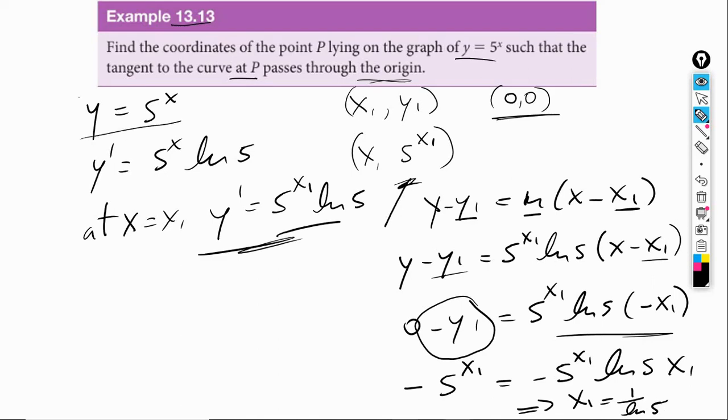Y is equal to 5 to the x. So to find the y-coordinate, we have to substitute x with 1 over natural logarithm of 5. So y is equal to 5 to the power of 1 over natural logarithm of 5.